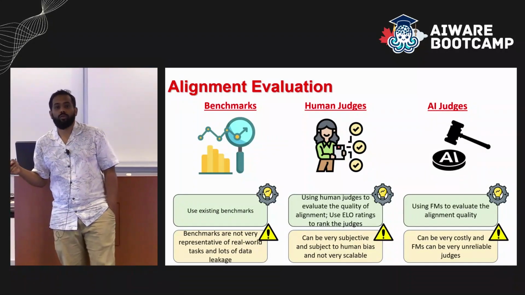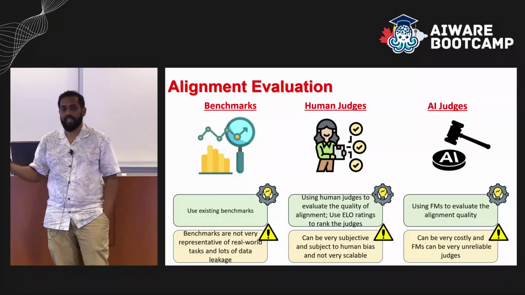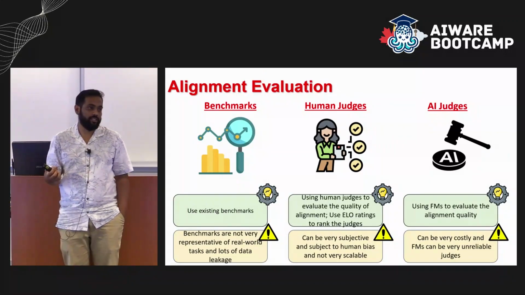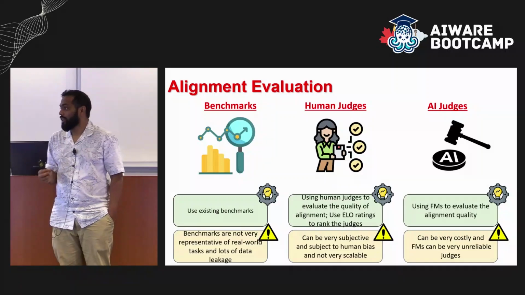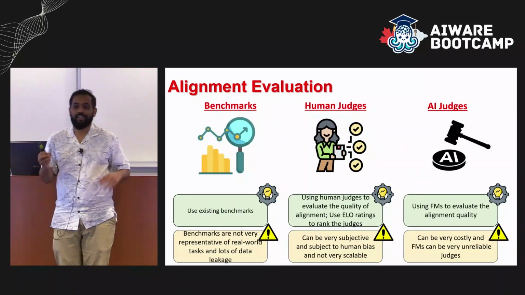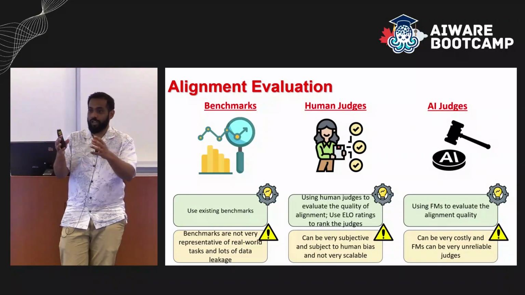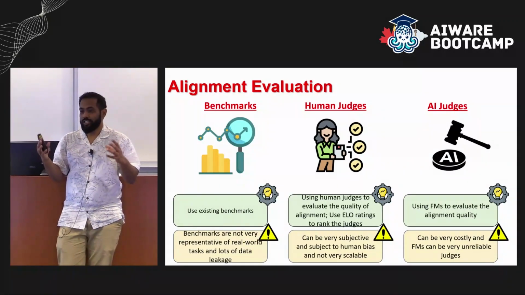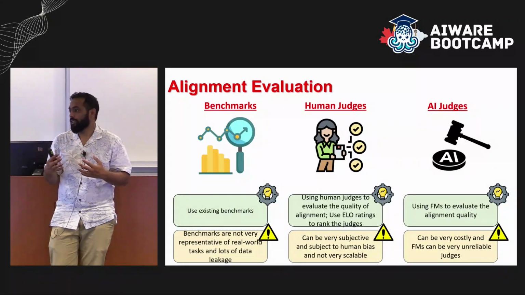Another method to do FM evaluation, or evaluation of the alignment quality, is to use AI as judge. I think Justina will be talking a lot more about it later, but I'll just quickly mention the idea is to use different FMs, or a stronger FM, to judge if my aligned FM is aligned well for the task at hand.